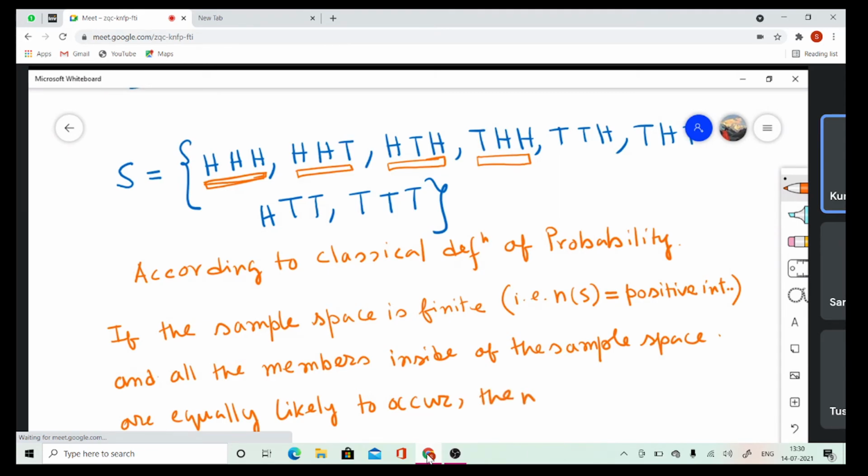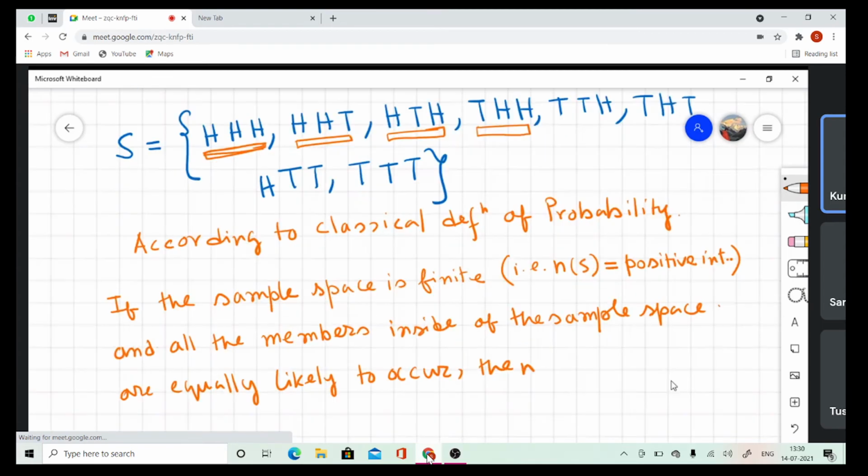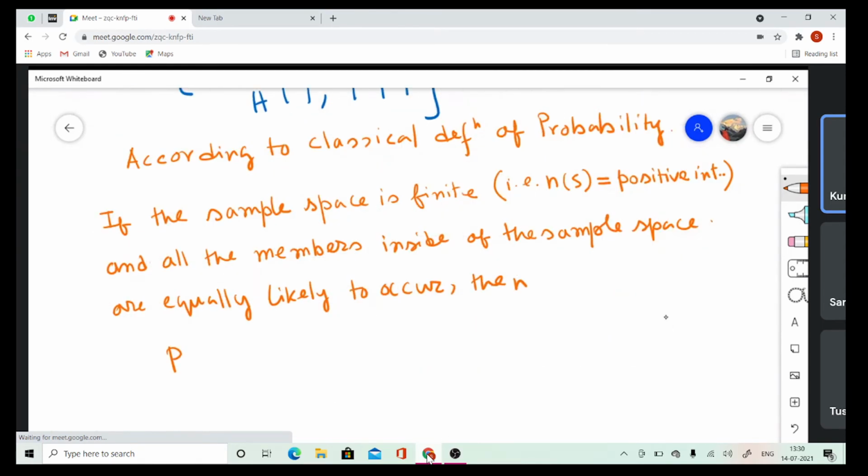Then the probability of any particular type of event A, P(A), equals the number of elements inside the sample space in favor of A divided by the total number of members inside the sample space.